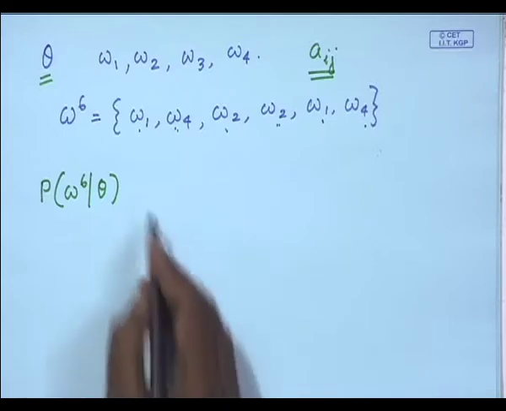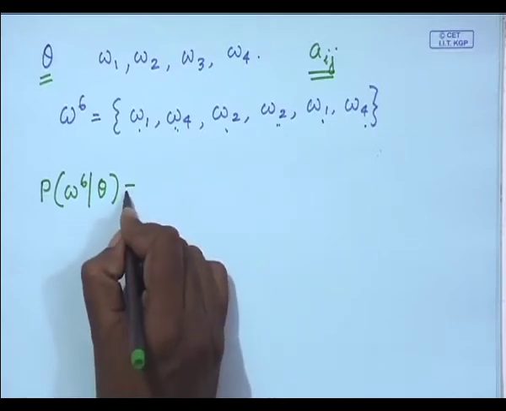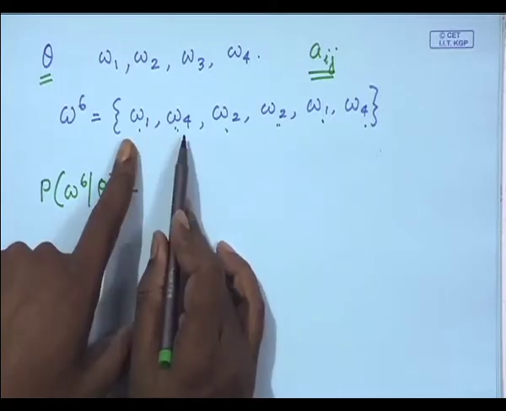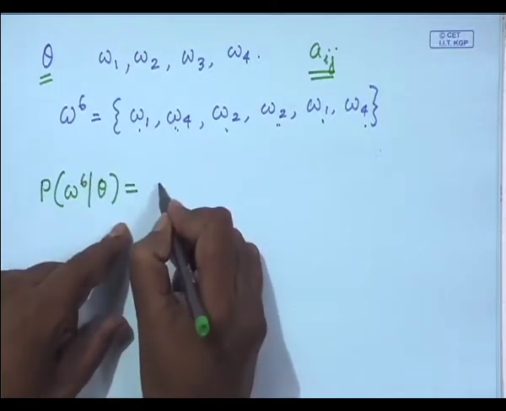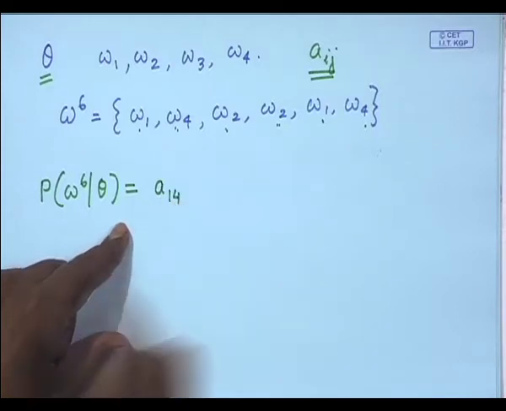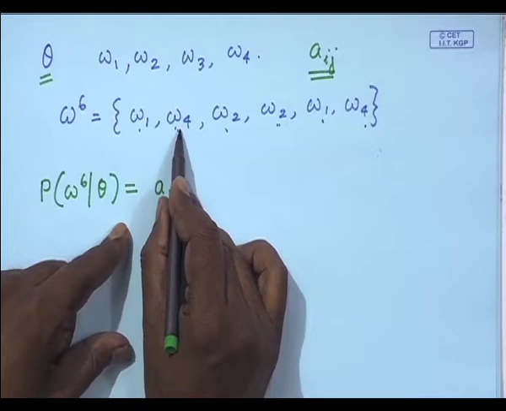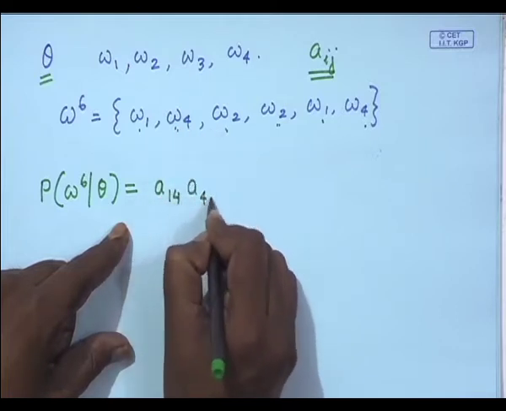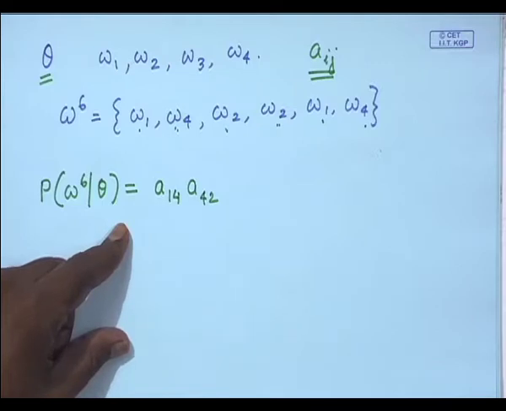And you find that this P of omega 6 given theta is nothing but the probability of transition from omega 1 to omega 4, which is A 1 4, then the probability of transition from omega 4 to omega 2, so this is multiplied by A 4 2.